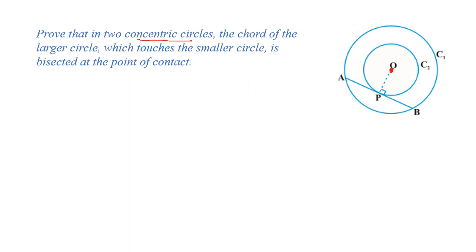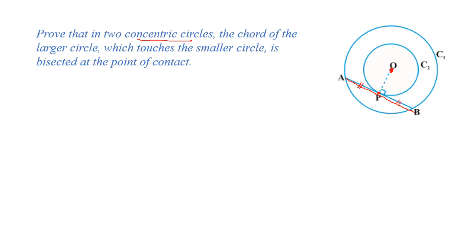Now, what is the condition? The chord AB of the outer circle is the tangent to the inner circle. And we have to show that this chord is bisected at the point of contact. Means we have to show AP and PB are equal.